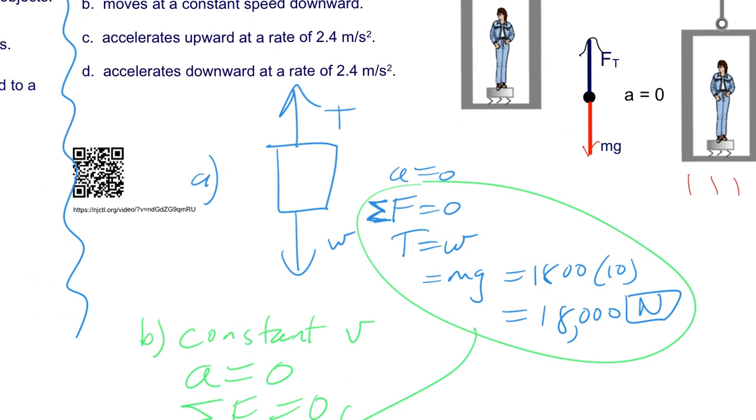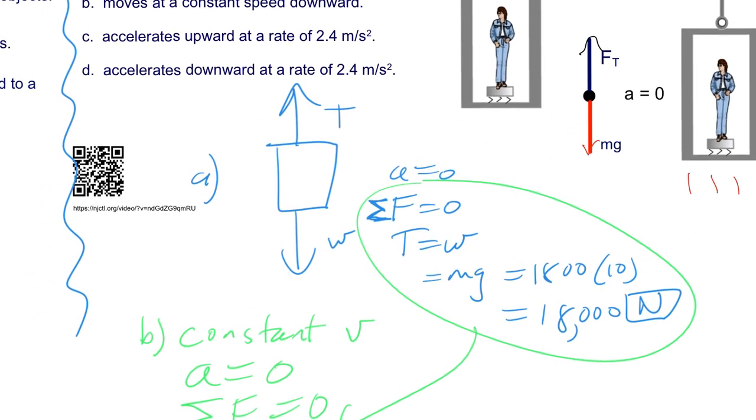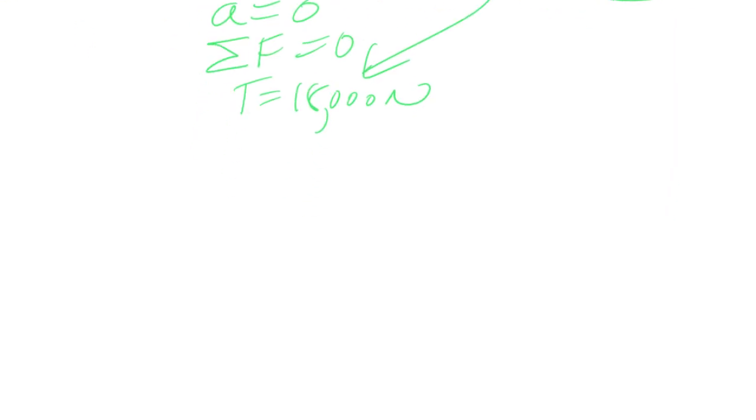Okay, what if you're accelerating upward at a rate of 2.4? So part C. Here's the thing. Acceleration is upward, 2.4 meters per second squared. So what's net force? ma.